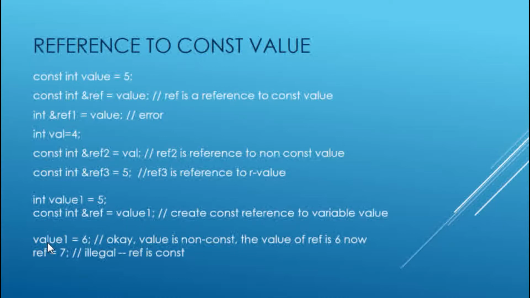If we change value 1 equal to 6 and try to print this reference, it will print the value 6. But if we try to change using reference equal to 7, it will give an error because here the reference is constant, not the value. It doesn't mean that we cannot reassign it to another variable.